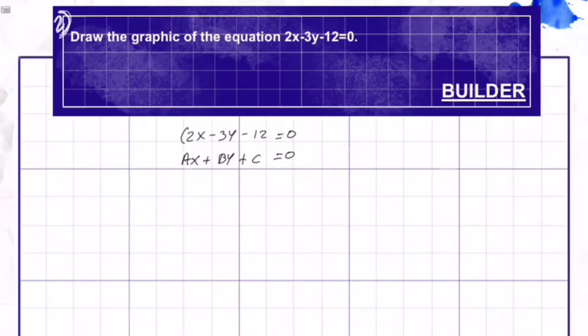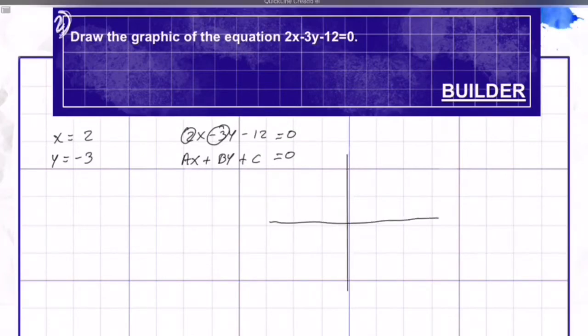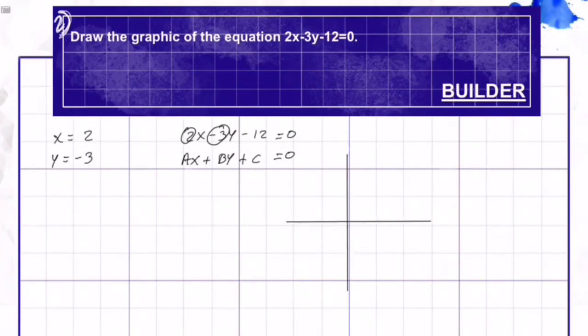So we notice that x is 2 and y is -3. So with these two components we can do the graphic. And the x component is 2 and the y component is -3. So we have the 2 points, 2, -3.